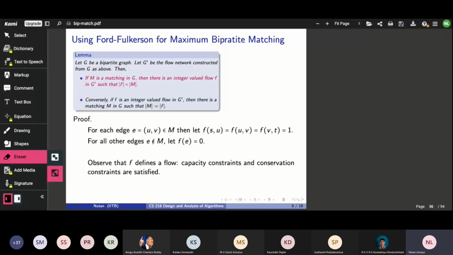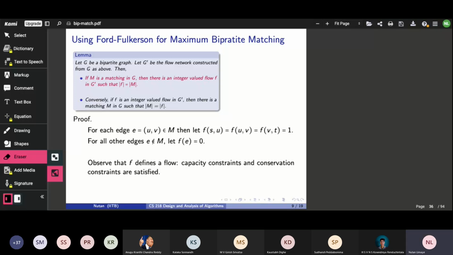And if a vertex does not belong to the matching, then it has a flow of value 0 entering it and a flow of value 0 leaving it. So capacity constraints as well as conservation constraints are satisfied. So this is a valid flow.